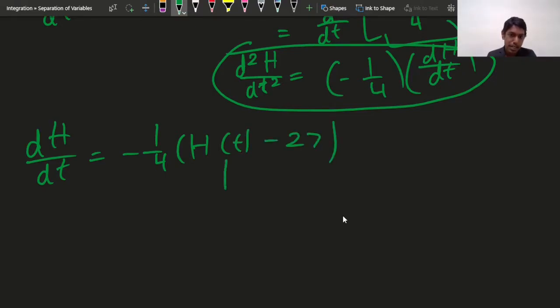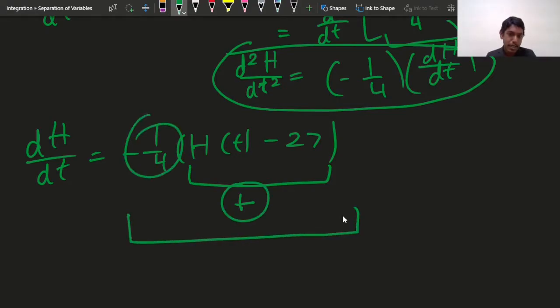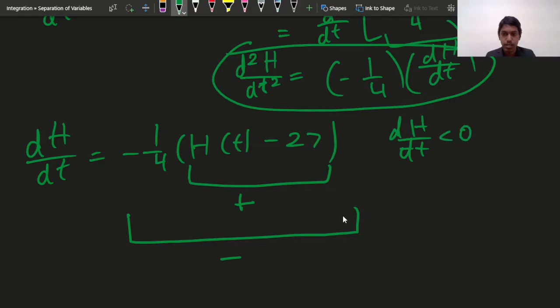Right? But the thing is, this is always going to be bigger than 27. So that means that this portion of the equation is positive, and that implies that when you multiply a positive number by a negative number, that will be a negative. So you know that dh/dt is less than 0 for all t greater than 0. That's important.